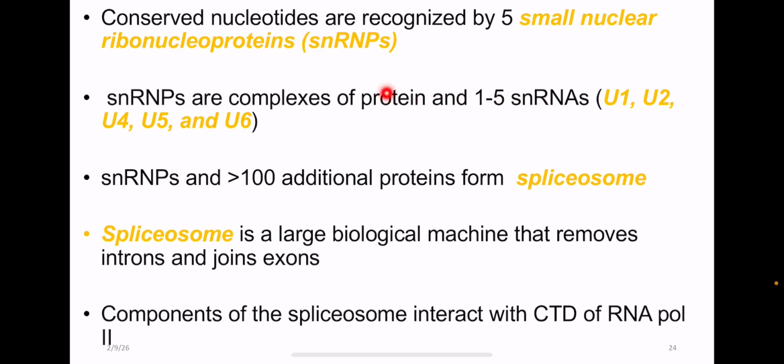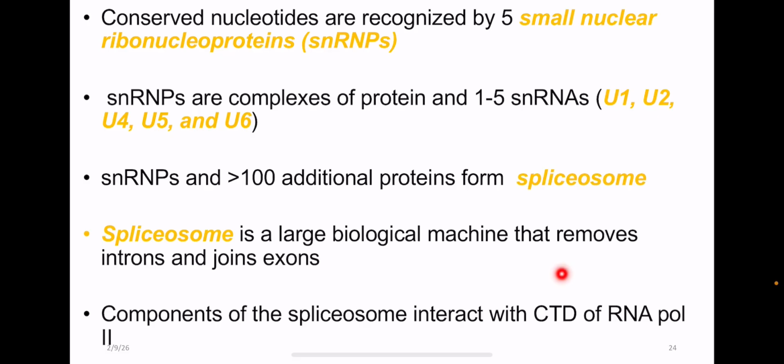Examples are U1, U2, U4, U5, U6. There are five of them, but there is no U3. These are what actually play the role in splicing in mRNA, and we will look at how it is done. The spliceosome is the large machinery of all the snRNPs doing the splicing.